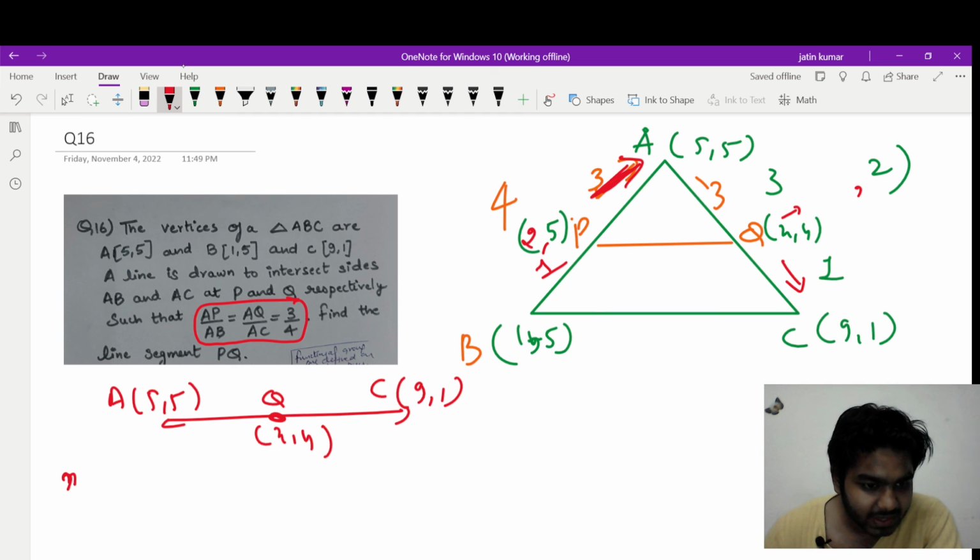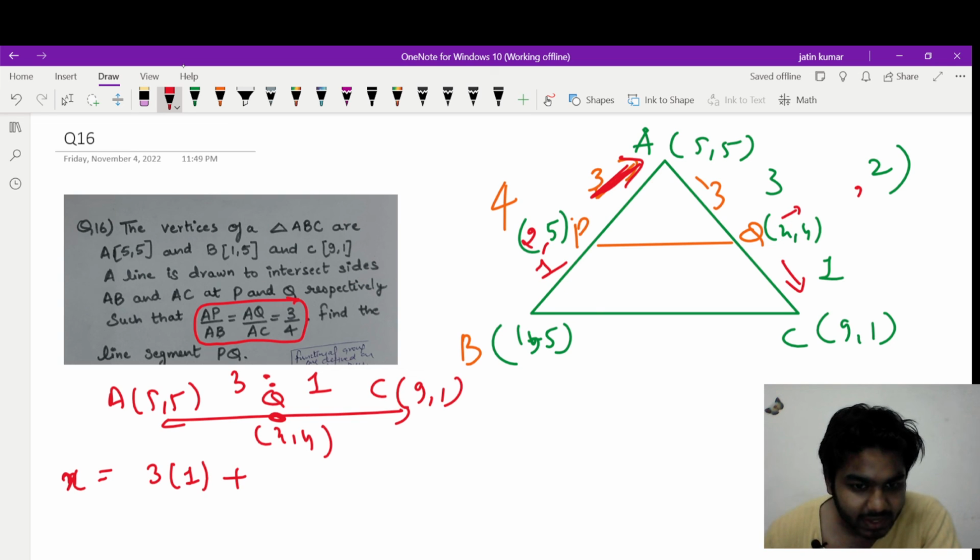So x is equal to, we have a ratio 3:1, the ratio is correct. So 3 into x2, 3 into 1 plus n x1, where n is 1 and x1 is 5.